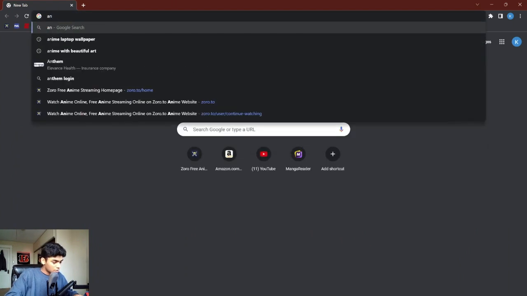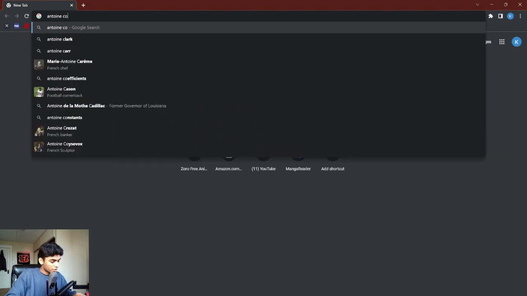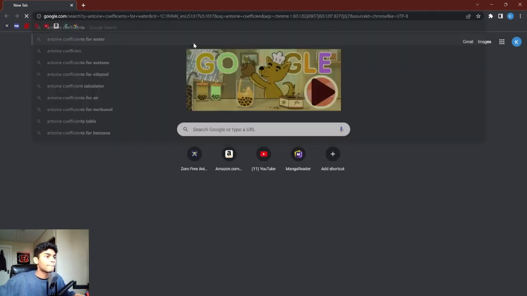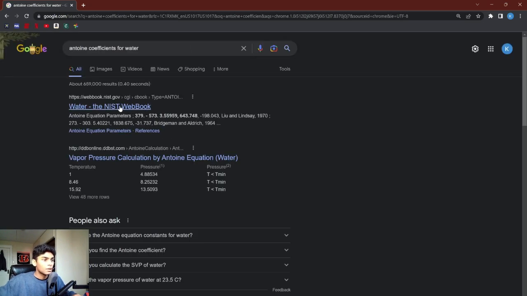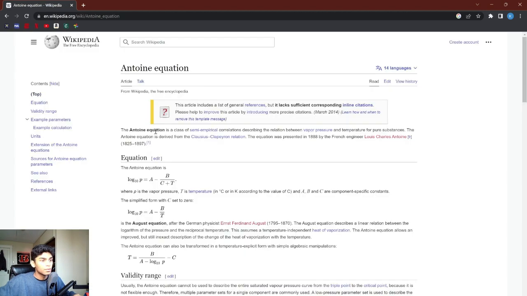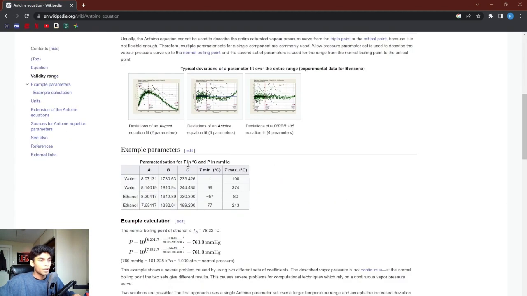Antoine coefficients for water. Where is it? If we look down here, we see that our temperature is in degrees Celsius and our pressure is in millimeters of mercury. But we do have these values here, so we can use these.